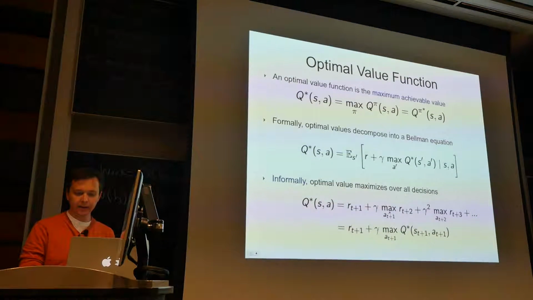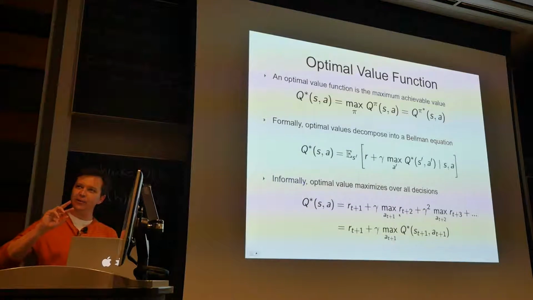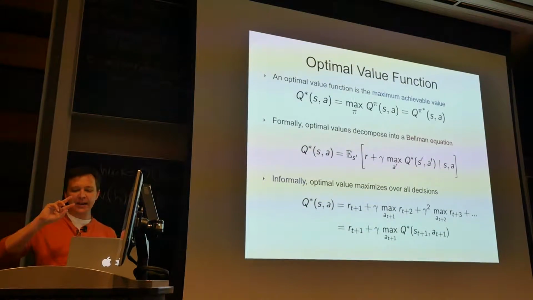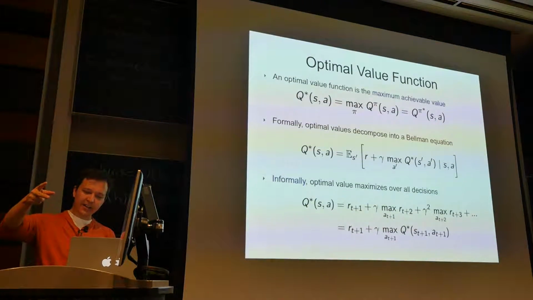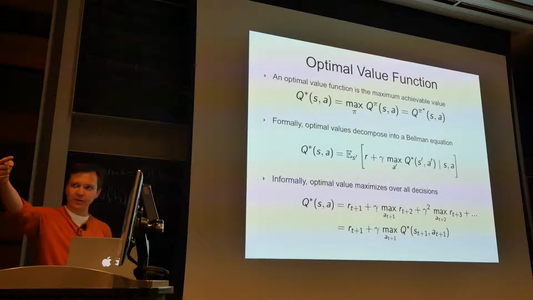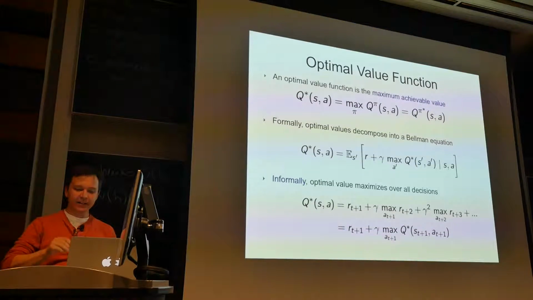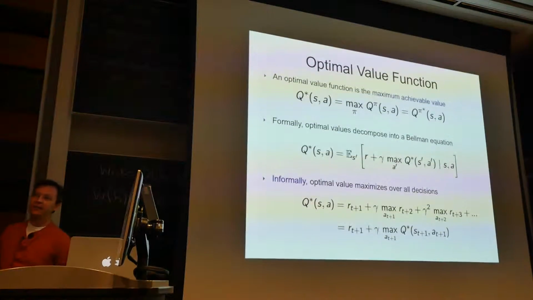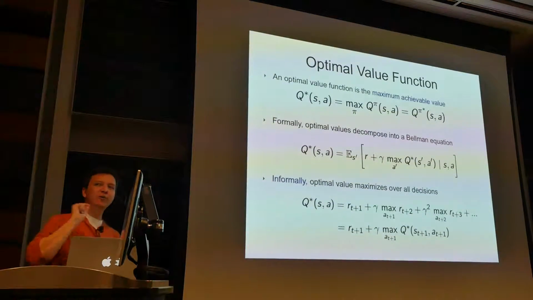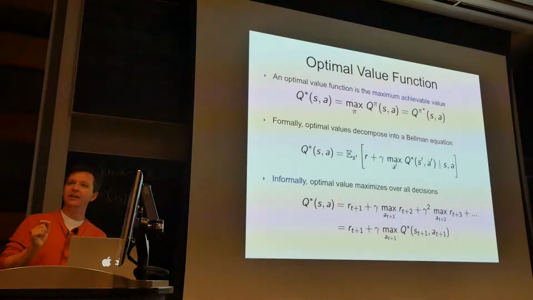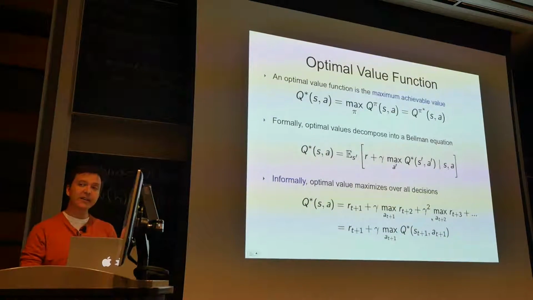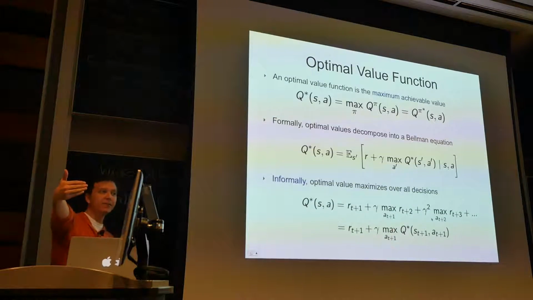This one? Yeah, this is just an informal definition. This is kind of saying that if you take the maximum, the next state doesn't necessarily have to be the maximum, because it's kind of the long-term. So the maximization should really be over the entire possible future.